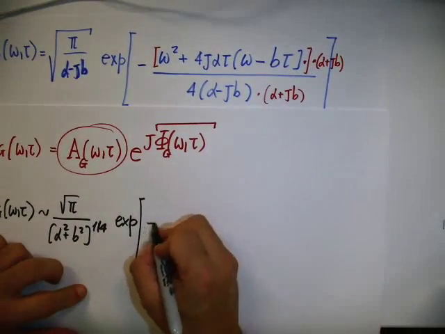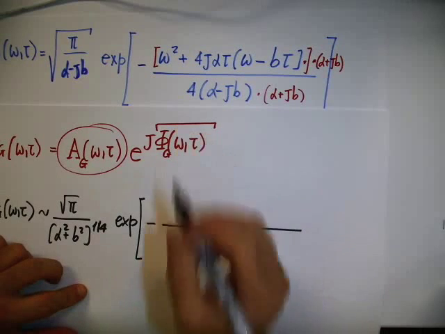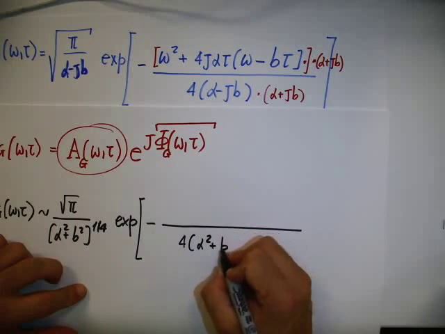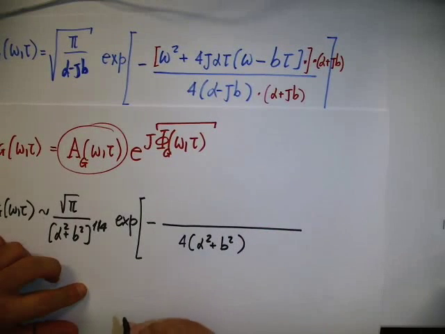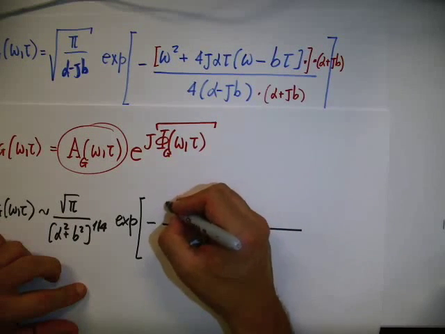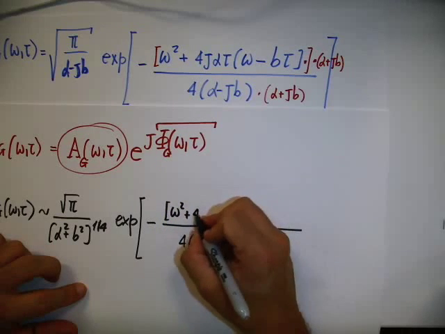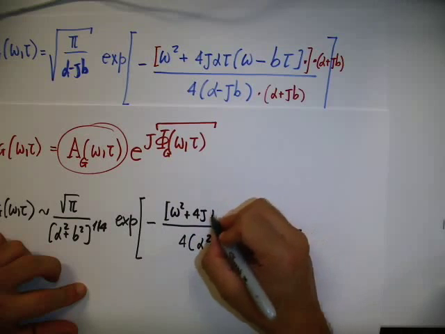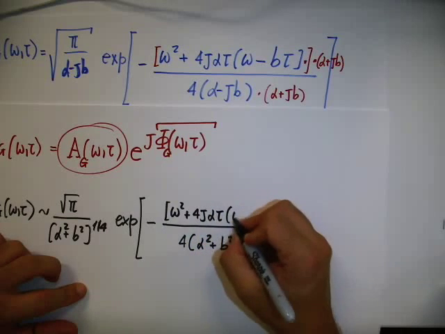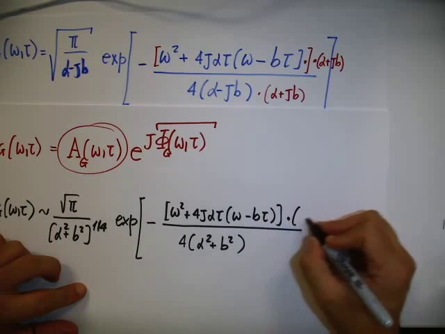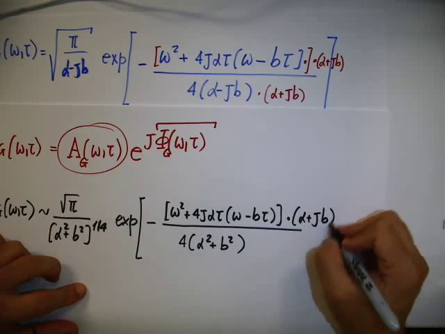If we do that, the numerator becomes 4 alpha square plus beta square, pretty standard. In the numerator, we have this multiplication, so we have to be careful. Let me rewrite it: 4j alpha tau omega minus beta tau, which multiplies alpha plus j beta.